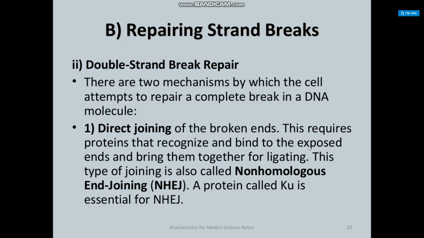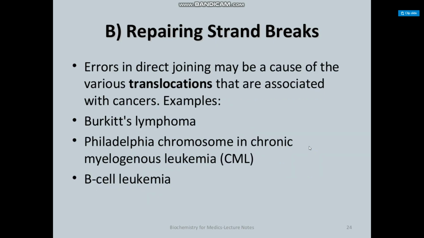In direct joining of the broken ends, proteins recognize and bind to the exposed ends and bring them to the ligase. Errors in direct joining may be a cause of various translocations associated with cancer, like Burkitt lymphoma, the Philadelphia chromosome in CML, and B cell leukemia.